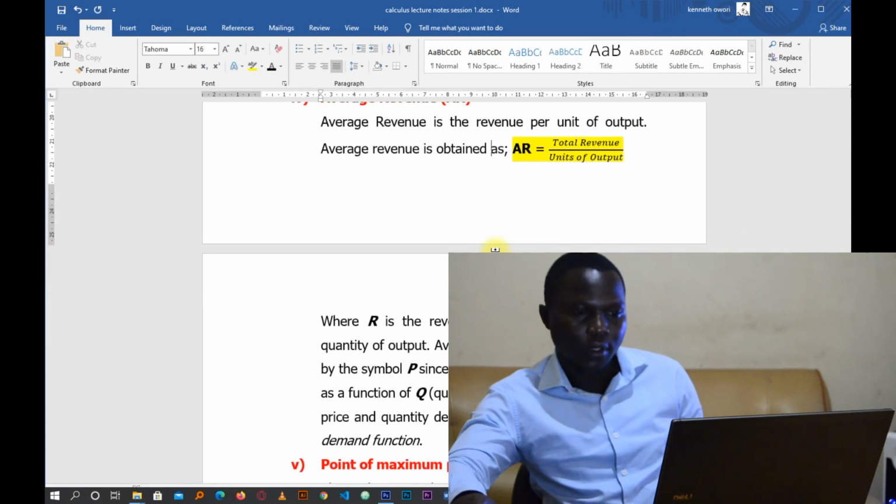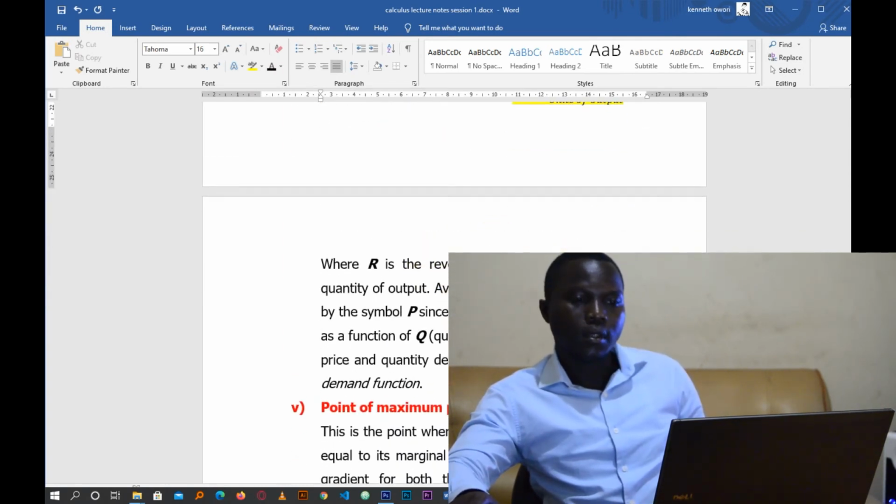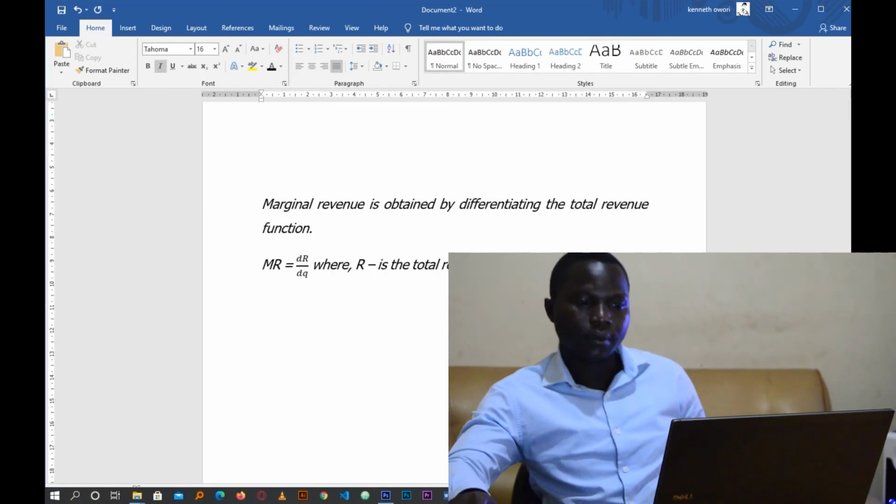So where R is the revenue function and Q is the quantity of output, average revenue is also represented by a symbol P, since it's the price per unit. In other words, the average revenue function is the same as the price function and is the same as the demand function. You can take a note on that.